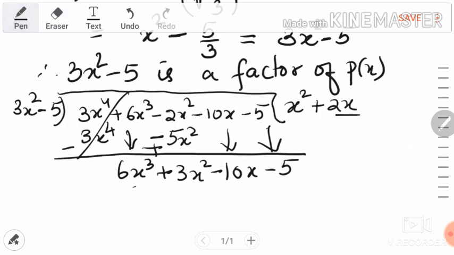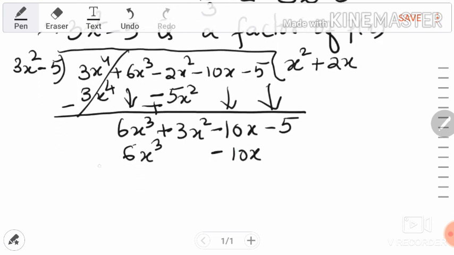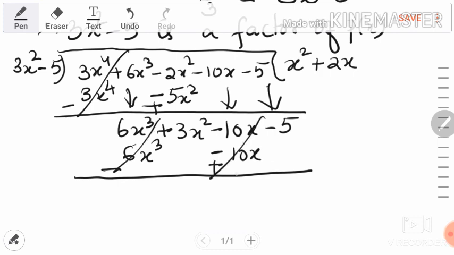Multiply 2x with every term of the divisor and write down. So we get 6x cubed minus 10x. To find the difference, change the sign of the second expression. So these two terms get cancelled. Carry down the remaining terms. 3x square minus 5.